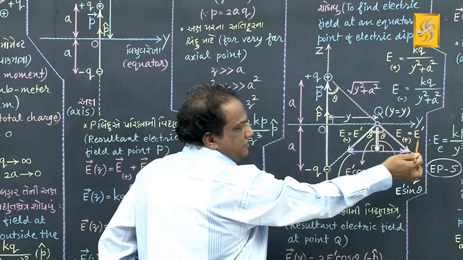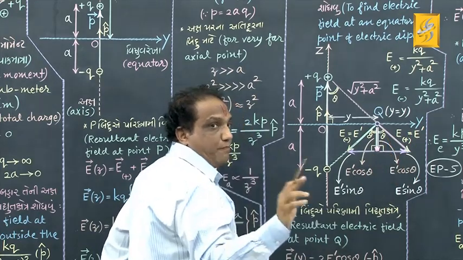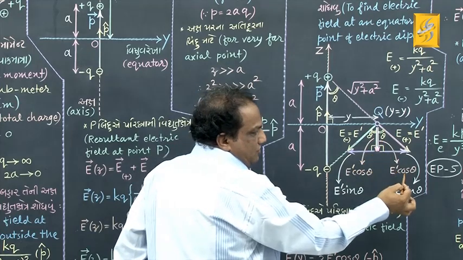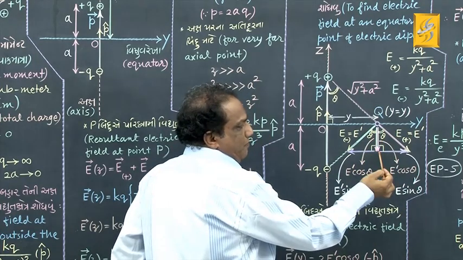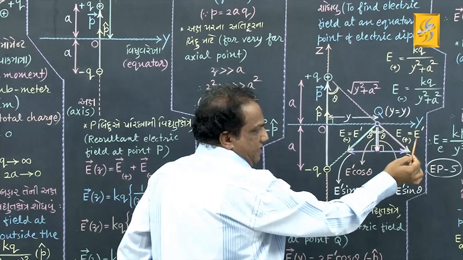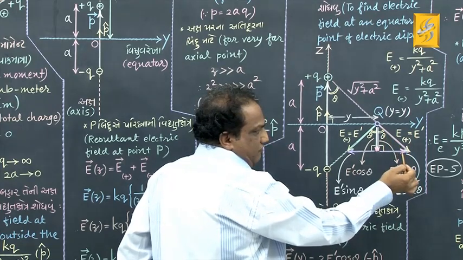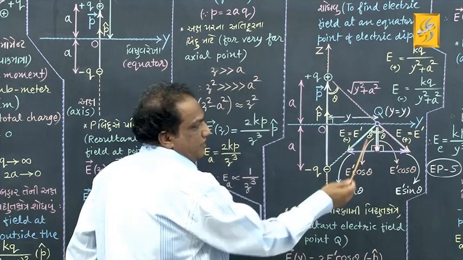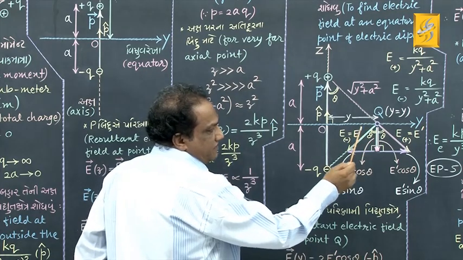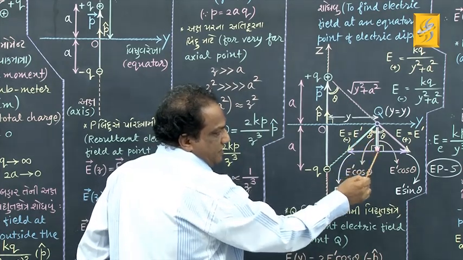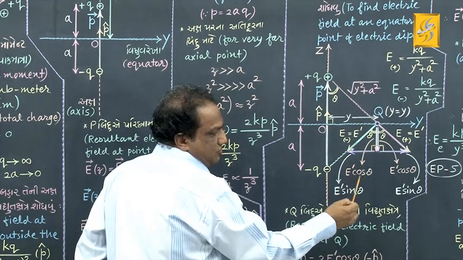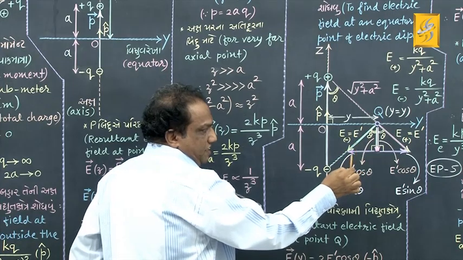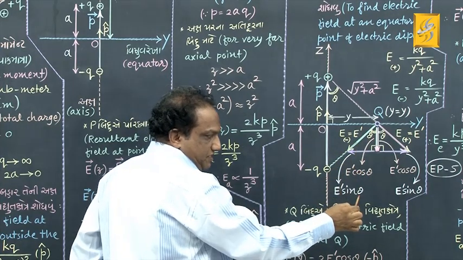Component of E dash adjacent to theta. What is it? E dash cos theta. Component of E dash opposite to theta. What is it? E dash sin theta. Similarly here, the component of E dash adjacent to theta is E dash cos theta. The component of E dash opposite to theta is E dash sin theta.